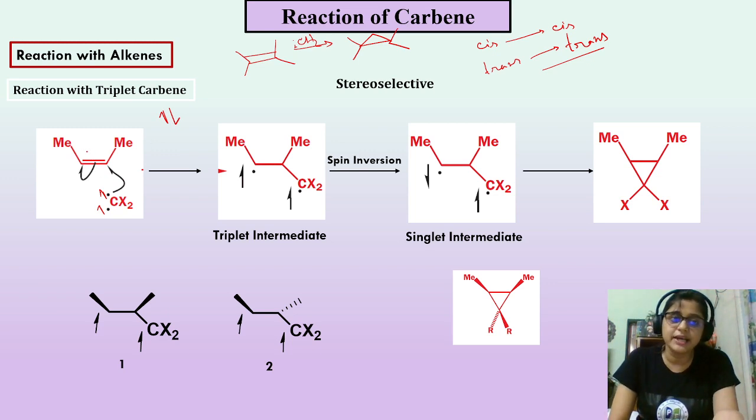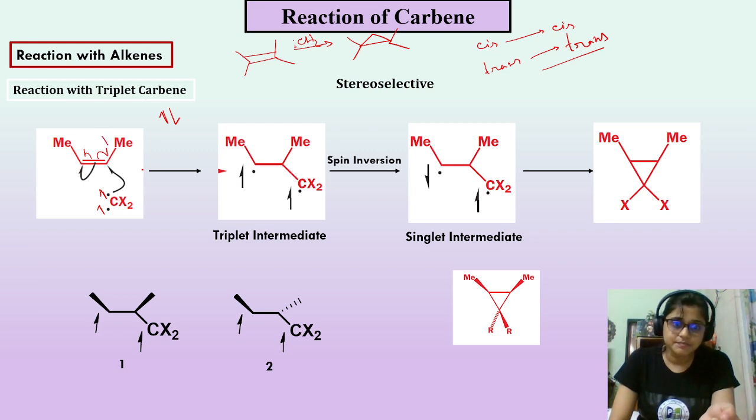If we break the double bond, one electron goes here and the other goes here.